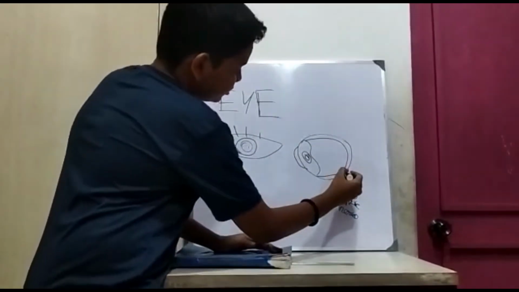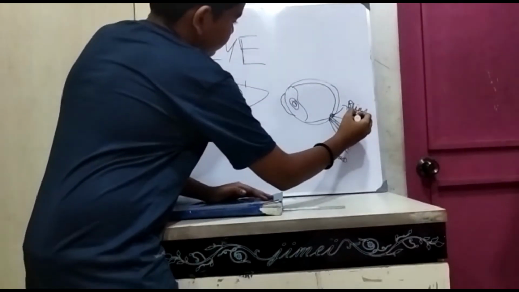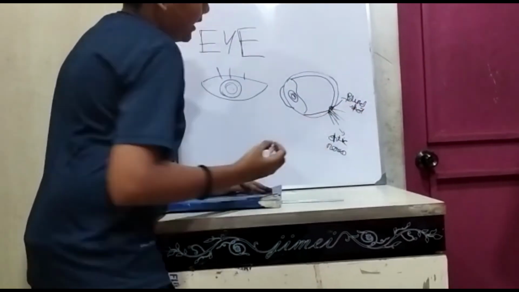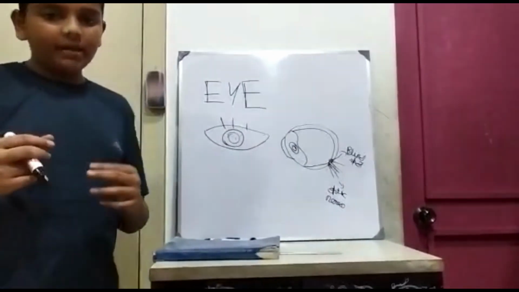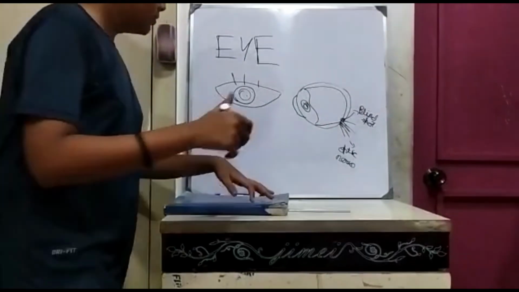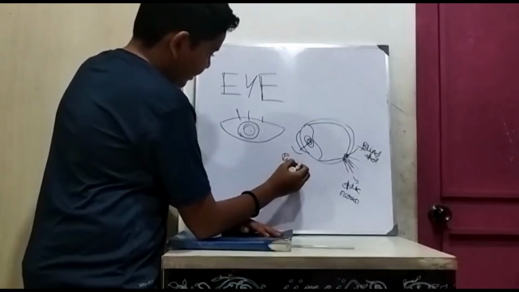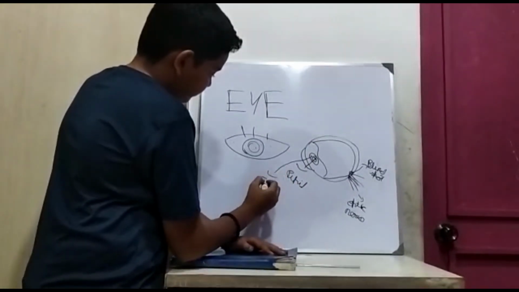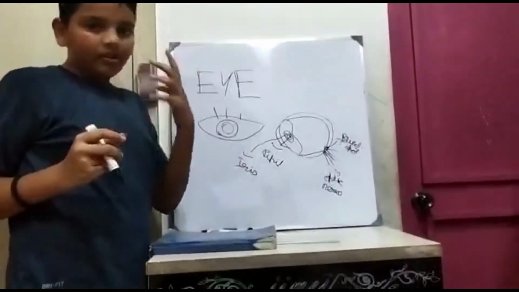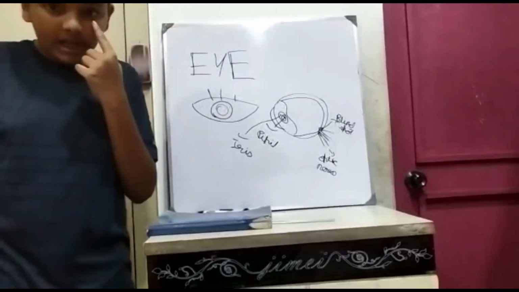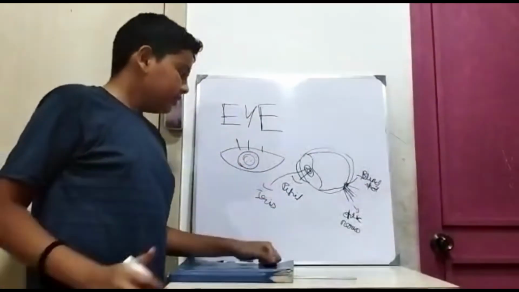And this part is called the blind spot. The blind spot is a place where there is no sensation, and at that spot you don't see. This is the pupil, and this is the iris. The pupil is controlled by the iris. The size of the pupil, like our eye pupil, becomes big and small because of the iris.